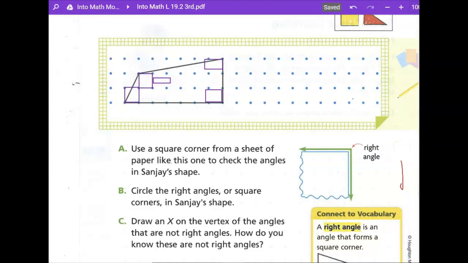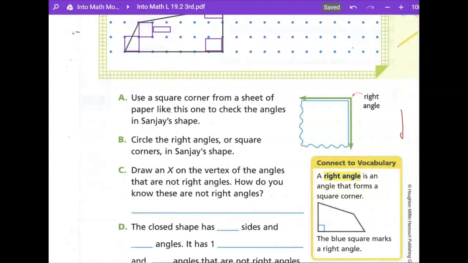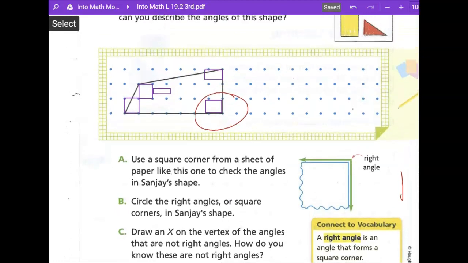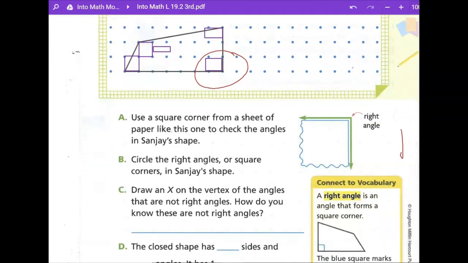All right. So it says use a square corner of a sheet of paper like this one to check. Circle the right angle or square corners in Sanjay's shape. So we are going to circle this one because it is the only right angle of this shape. Draw an X over the vertex of the angles that are not right angles. The vertex is where the angles meet.